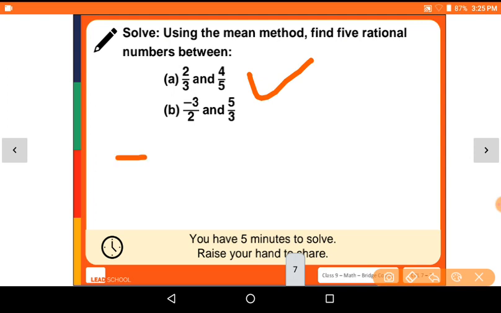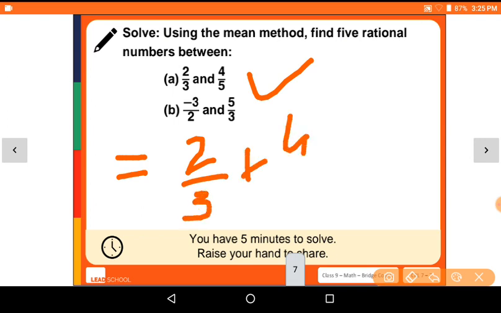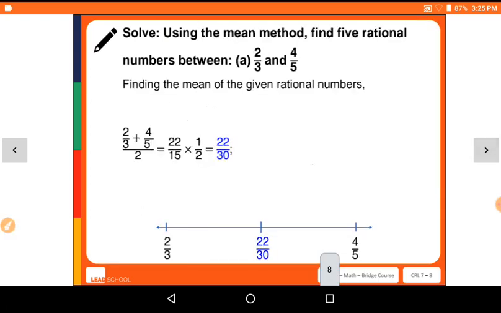So we have 2 by 3 and 4 by 5. Before that we have to apply that both denominators will be the same. So how can we use it?